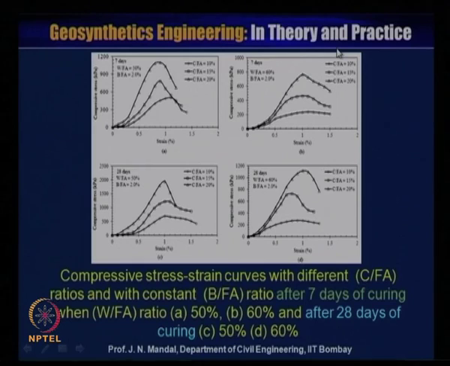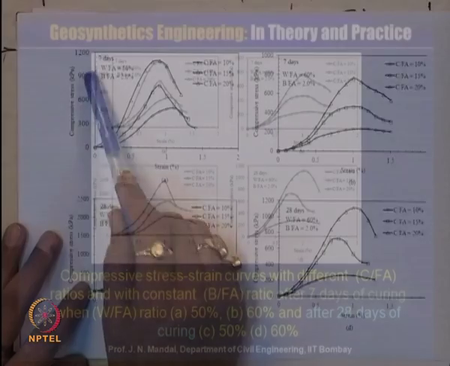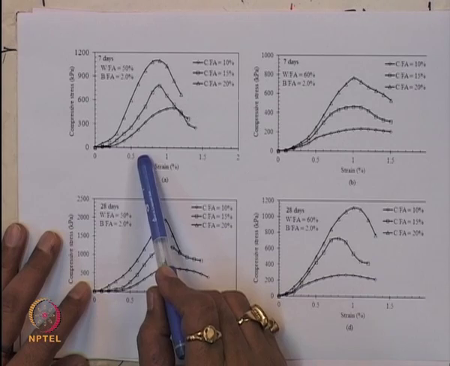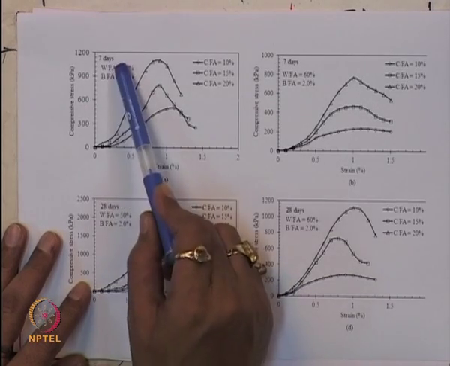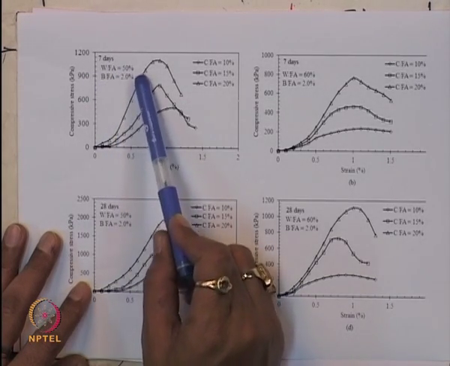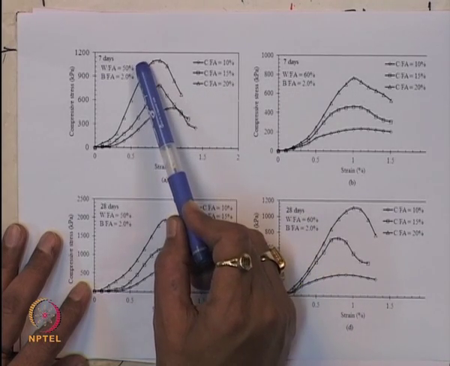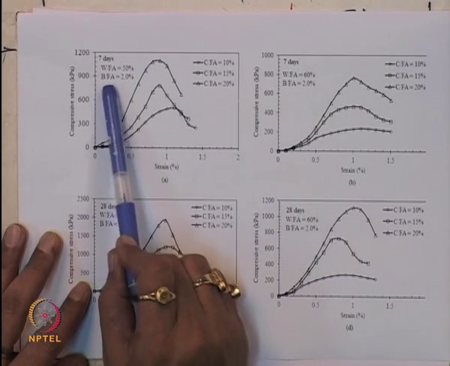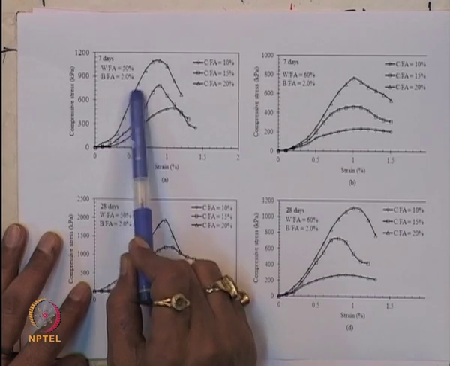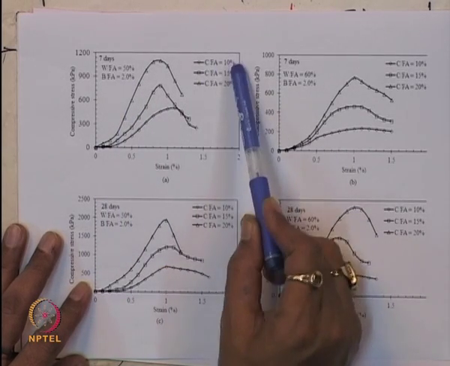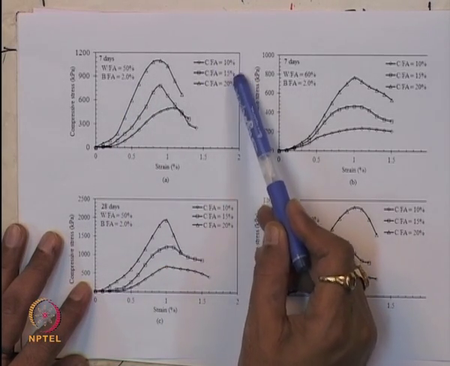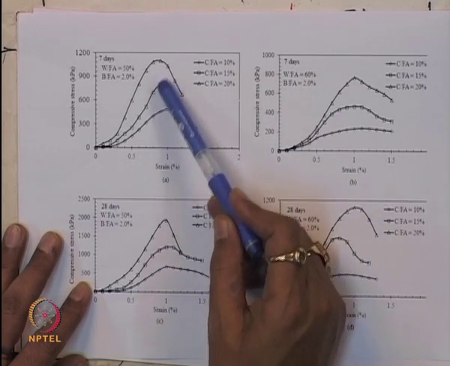So here you can see this is the strain and the compressive strength value. So, this is for the 7 day and water to fly ash ratio is 50% and the beads to fly ash ratio is 2%. This is cement to fly ash ratio 10, 15 and 20%.